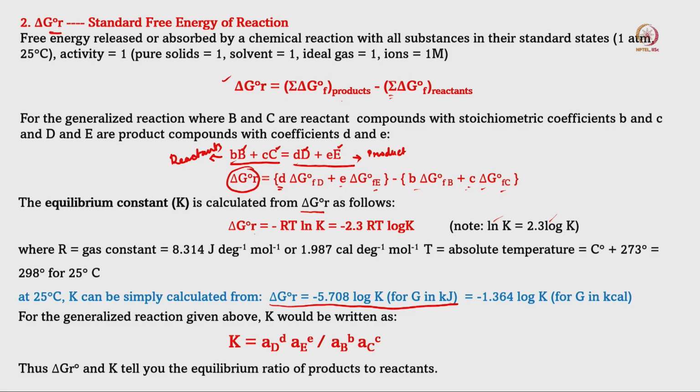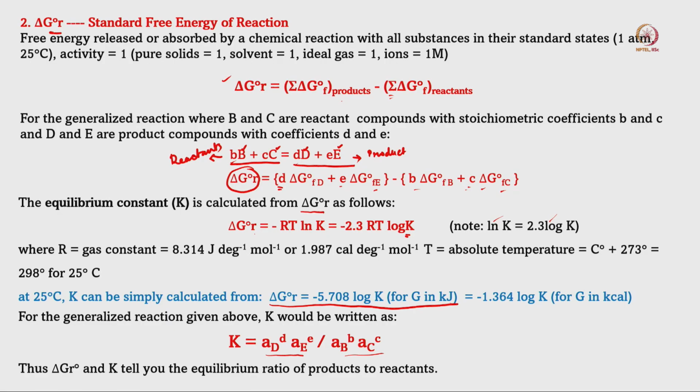So, after you find out the K value, you may have to find out something else. How do you write K in terms of activity again? It is the ratio of the products divided by the reactants.